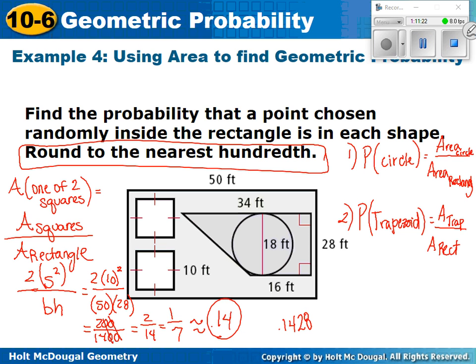Okay, so my percentage to the nearest hundredth would be approximately 14.28%. So I'll be lenient when I'm grading that, depending on how you interpreted the directions. If you wrote it as 0.14, that's fine. If you write it as a percentage, then 14.28%. Does that make sense? Okay.